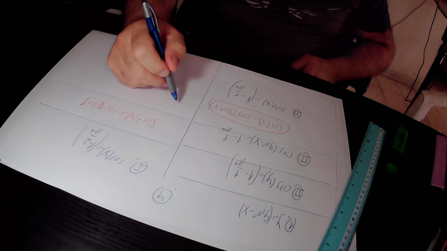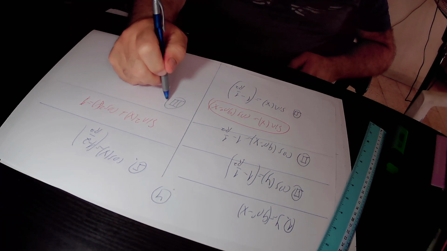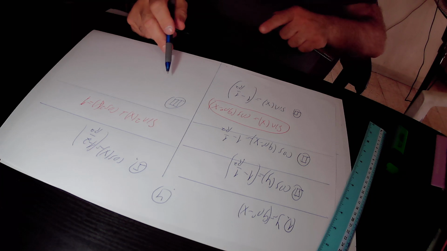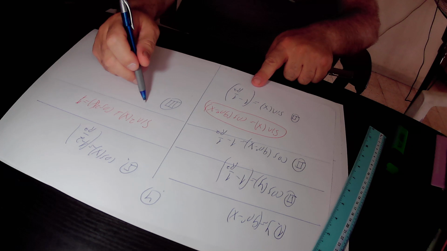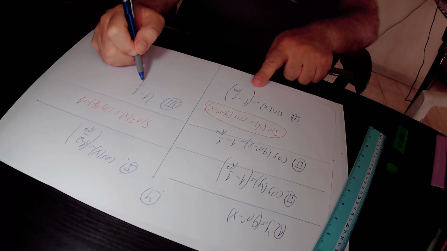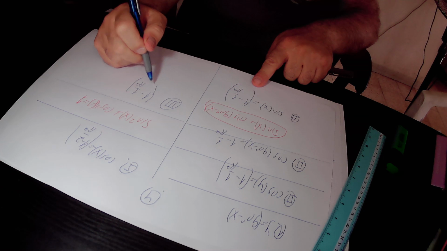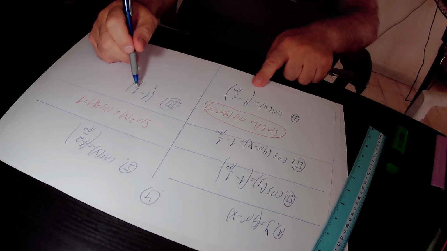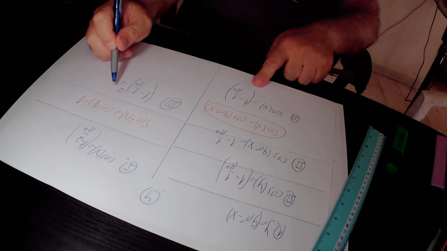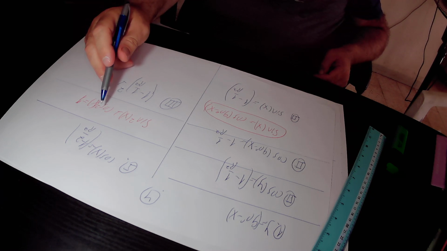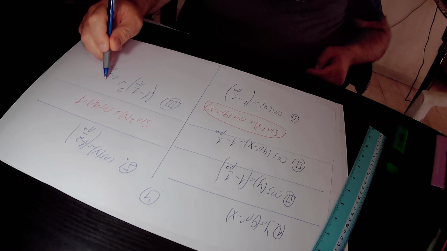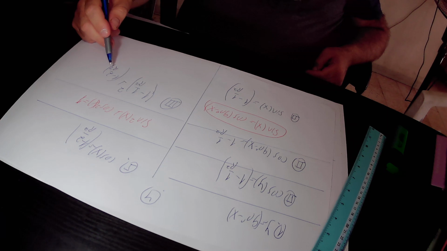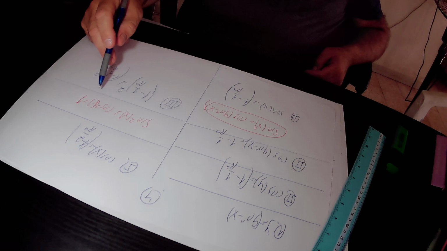In this way we get equation 3. According to equation 3, we have sine square x. According to this equation, sine x is 1 minus 1 over r squared, and therefore sine square x will be equal to (1 minus 1 over r squared) squared, plus cosine square x. Cosine x is 1 minus 2 over r squared, and therefore cosine square x will be (1 minus 2 over r squared) squared, and it equals 1.